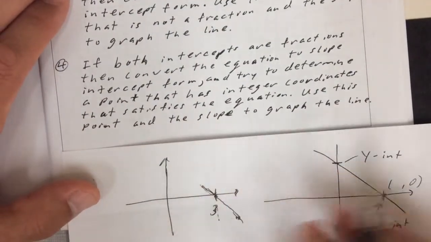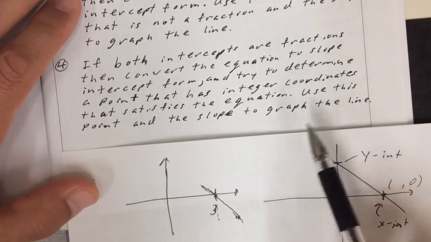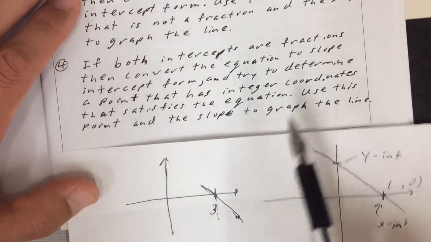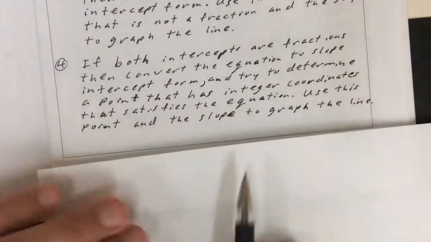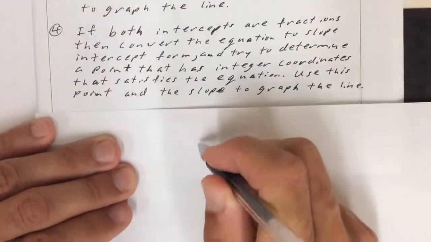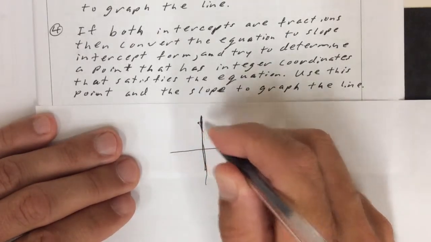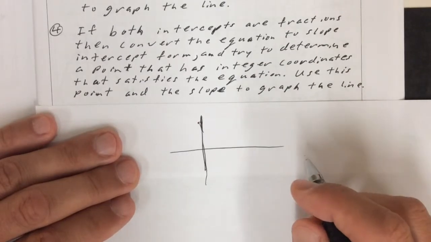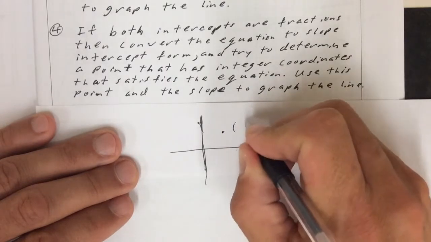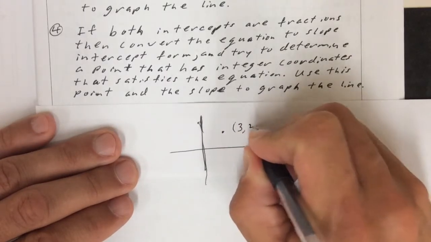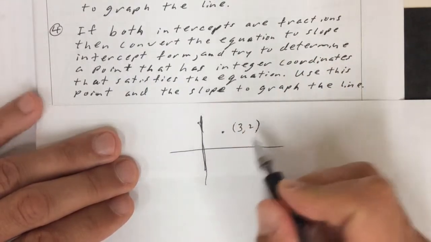Method 4: if both intercepts are fractions, then convert the equation to slope-intercept form and try to determine a point that has integer coordinates. Maybe you've got a y-intercept and an x-intercept that are not nice integer numbers, but you know that the point, say, (3, 2), is on the line, because those values satisfy the equation.